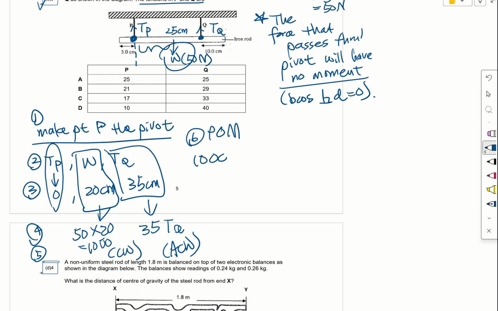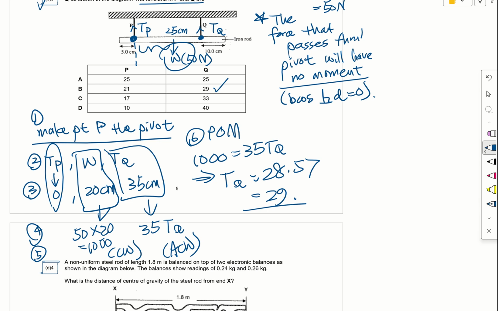So 1000 equals 35 TQ. So actually TQ will be equal to, I'll get 28.57, and since this is MCQ, I see 29, so TQ will be 29.